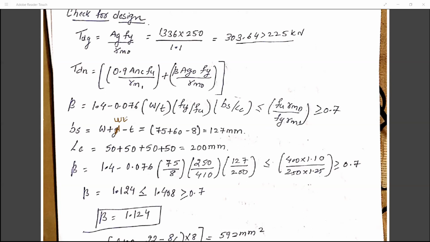If you write G also, in some textbooks it is given as G, in some textbooks it is given as W plus Wt. So better refer to the figure in your code book. Bs is equal to W plus Wt, that is nothing but 75 plus 60 minus 8. So that is nothing but 127 mm.